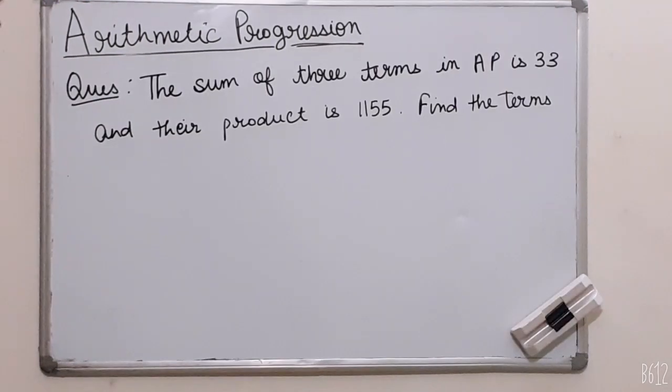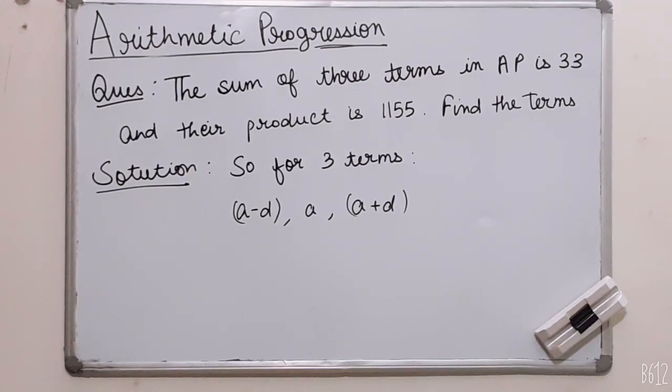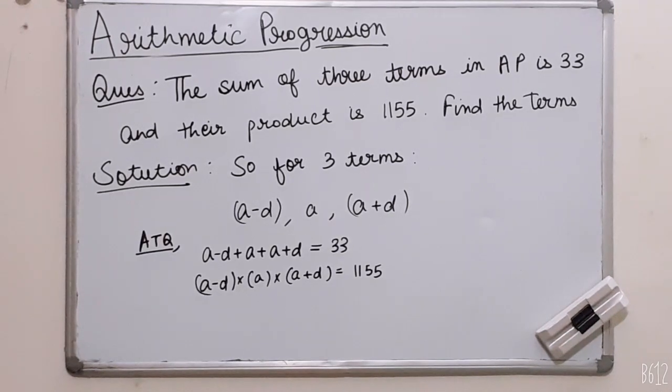The question here says, the sum of 3 terms in AP is 33 and their product is 1155. Find the terms. For 3 terms we will take a minus d, a and a plus d. According to the question, the sum of this AP is equal to 33.